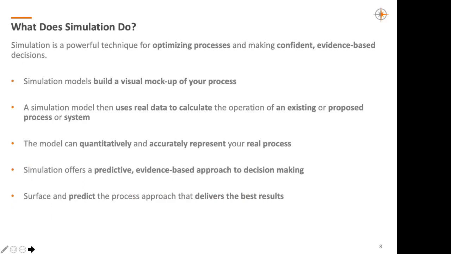And then what that does is it allows you to actually quantitatively represent how your process flows as opposed to just visually looking at it.